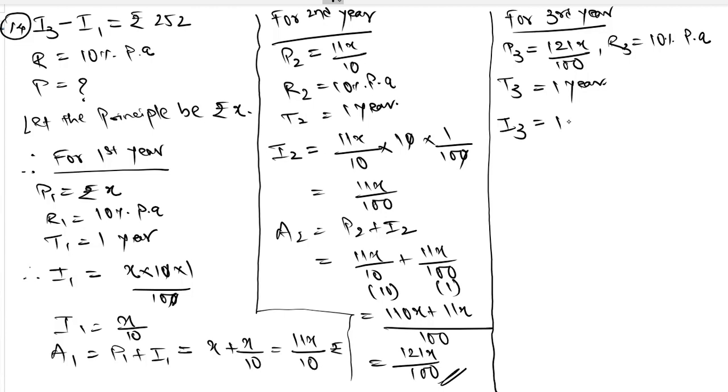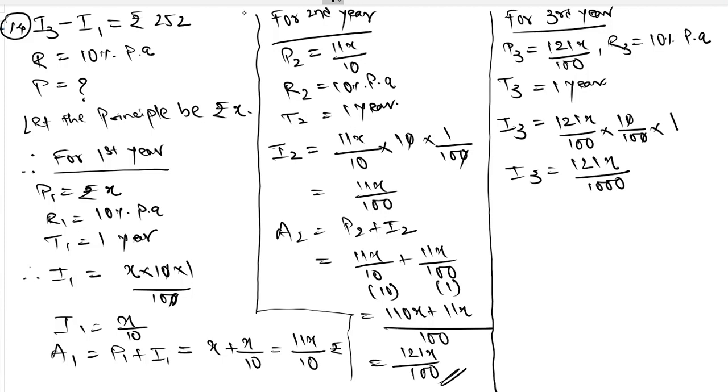I3 is 121x upon 100 into 10 upon 100 into 1. So I3 will be 121x upon 1000.